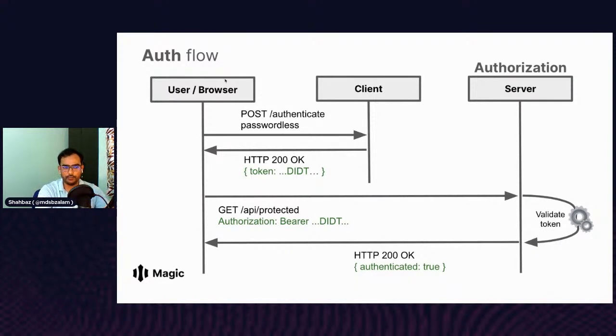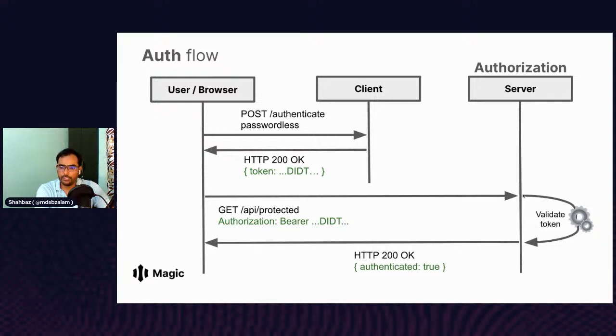The other flow is the authentication flow in detail. This is what we have covered, where the browser would authenticate using passwordless features, using Magic Link, WebAuthn, or social login. Once that is done, from Magic you will get a DID token along with the user's metadata. We use this DID token in the authorization header to the protected routes, which are protected by a DID token.